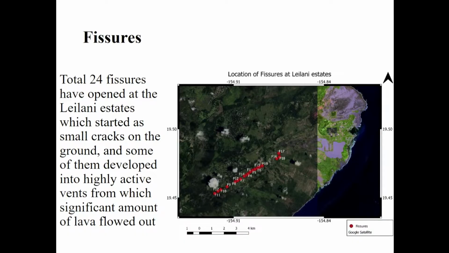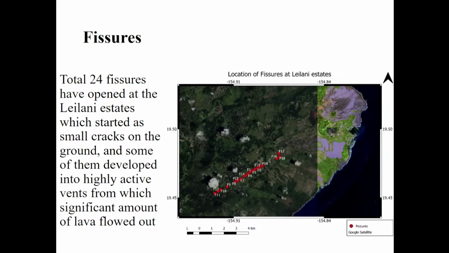A total of 24 fissures had opened at Lilani Estate, which started as small cracks on the ground, and some of them developed into highly active vents from which a significant amount of lava flowed out. Based on this information, it became possible to do the lava flow mapping and monitoring. So lava flow mapping was possible.